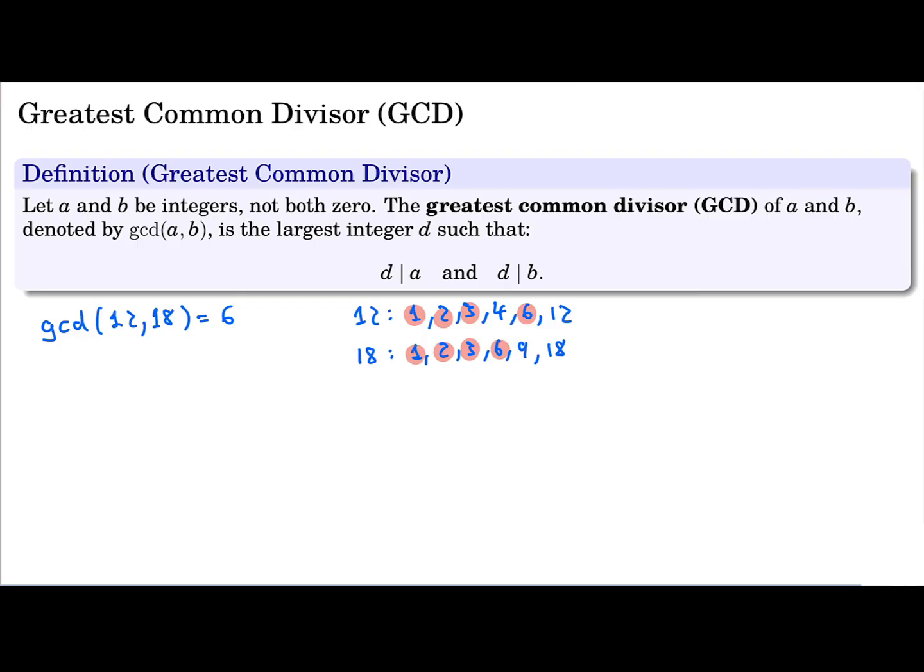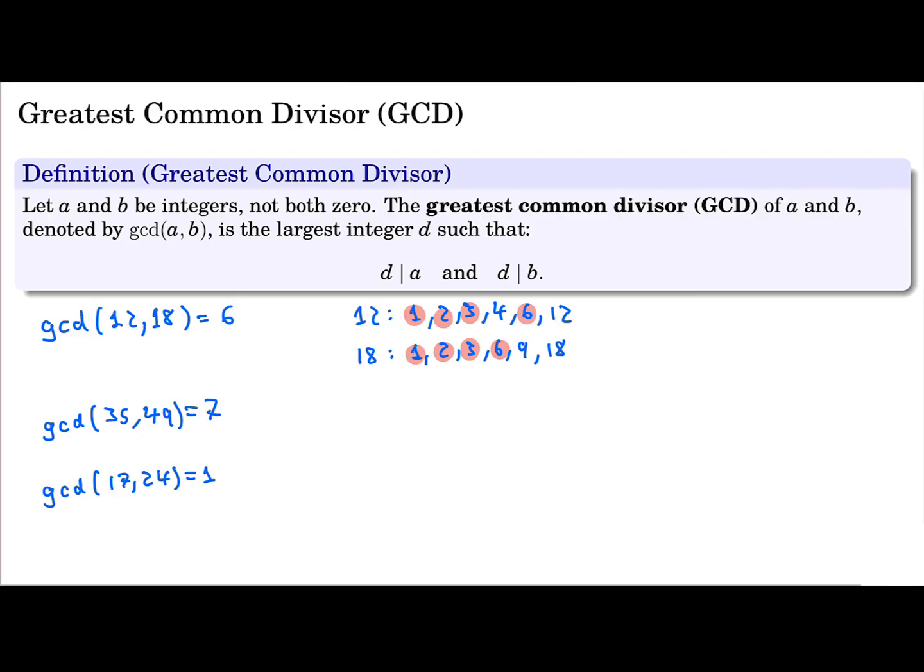And so the GCD of 35 and 49 will be 7. 7 is the largest number that divides both these numbers. And you can have something like the GCD of 17 and 24 equal to 1, which means that apart from 1, which divides every number, no other number divides both 17 and 24.